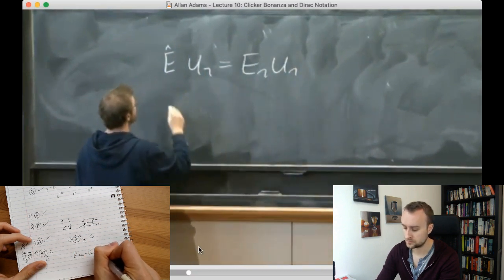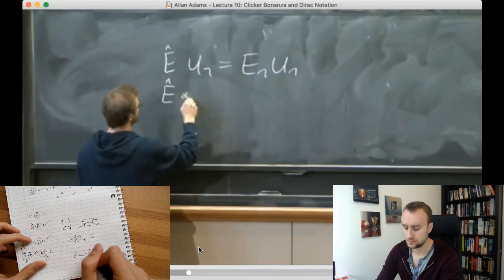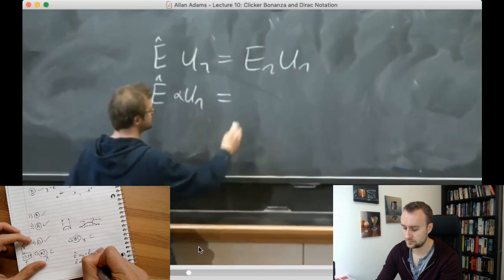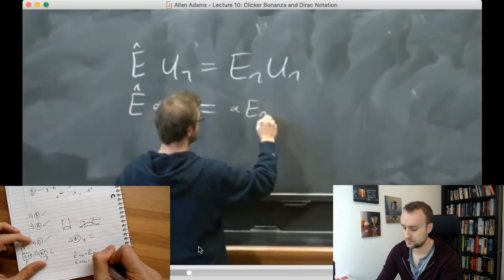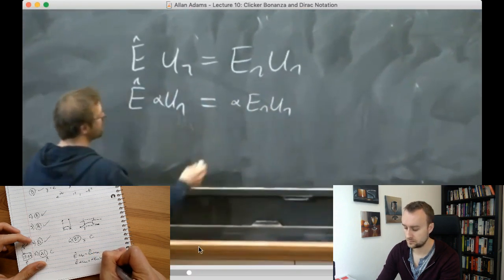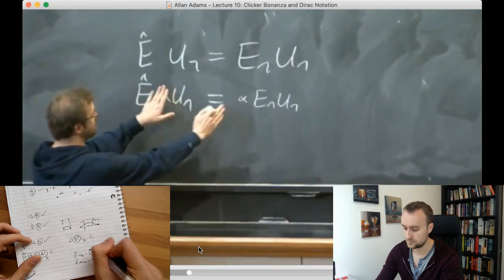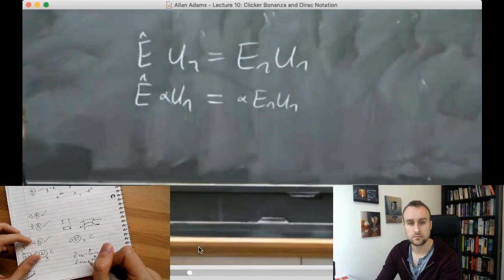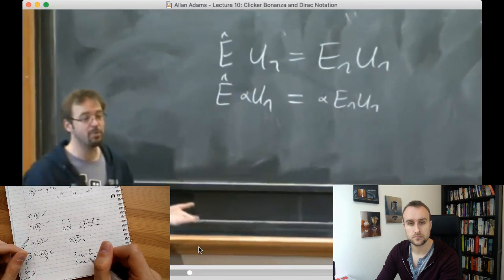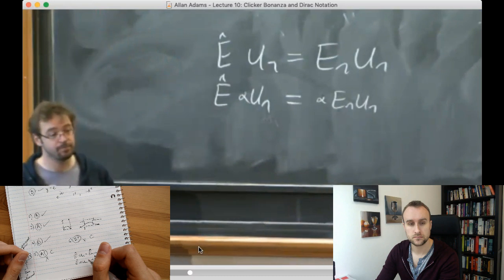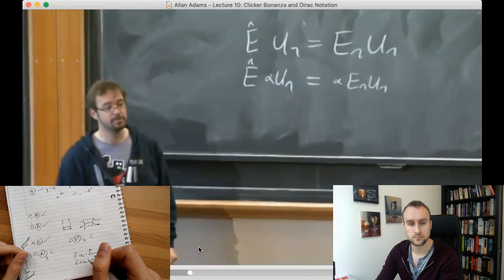If I act with H on alpha UN, where alpha is a constant, what is this equal to? Alpha En UN, right? So the eigenvalue is the same. It's En. Because if you divide through by alpha. So if you have the same state, meaning proportional to it, then we'll have the same eigenvalue. But this manifestly has a different eigenvalue. Cool? Awesome.